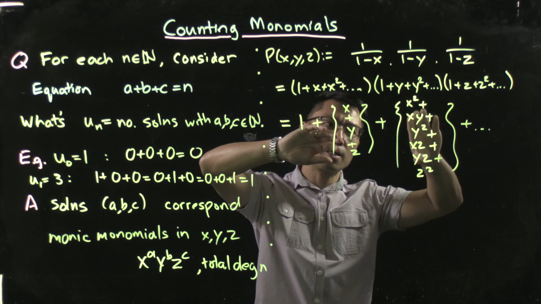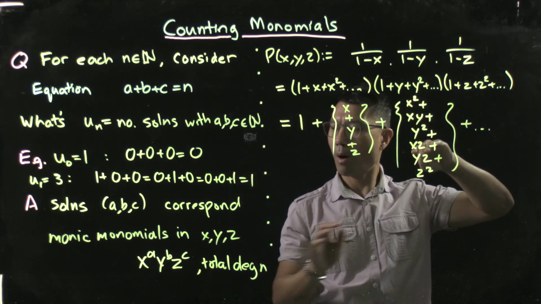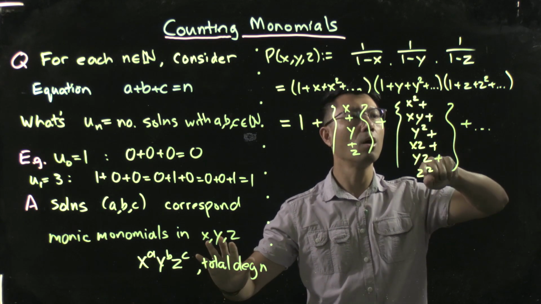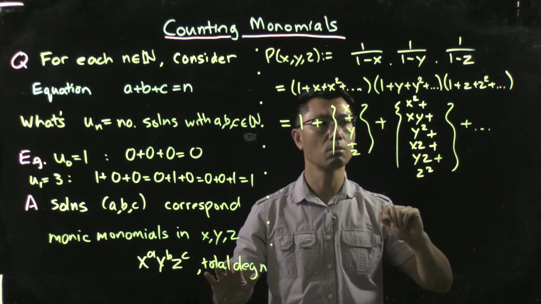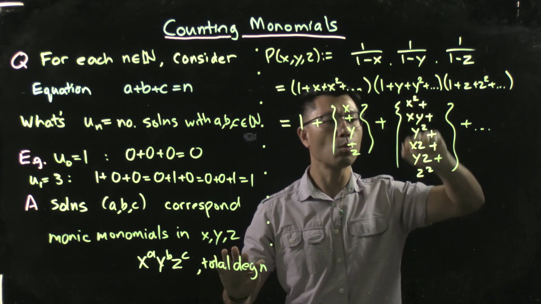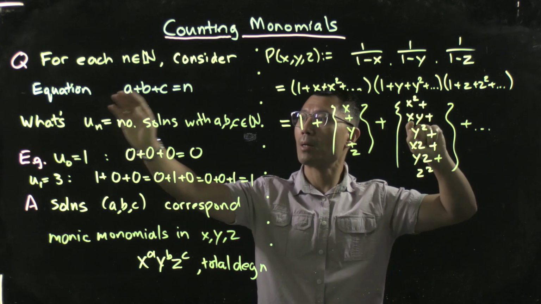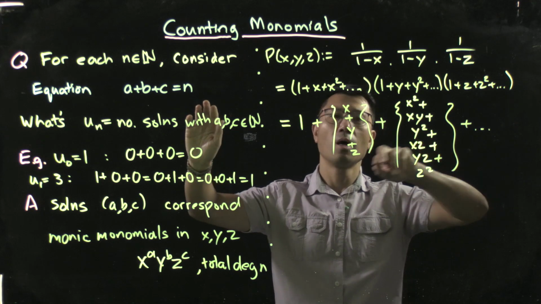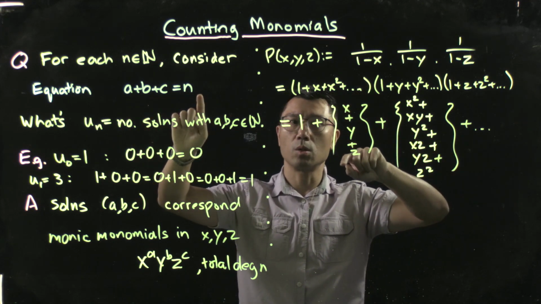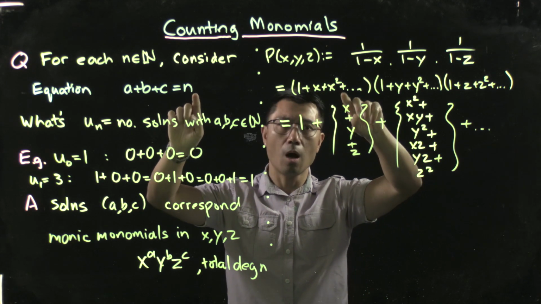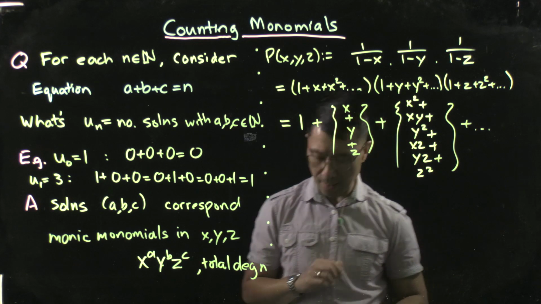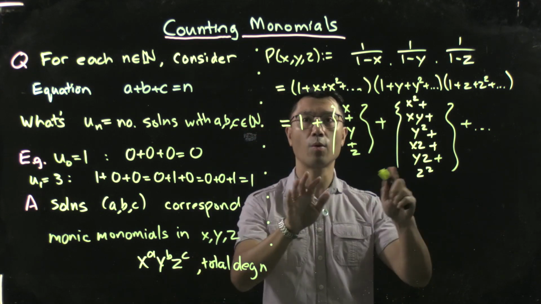You've basically picked up all the monic, each of the terms here will be a monic monomial in x, y, z, whose total degree is 2. Okay, so each of these will correspond to a solution to a plus b plus c equals 2. And each of the terms here will correspond to a solution to a plus b plus c equals 1. And so forth.